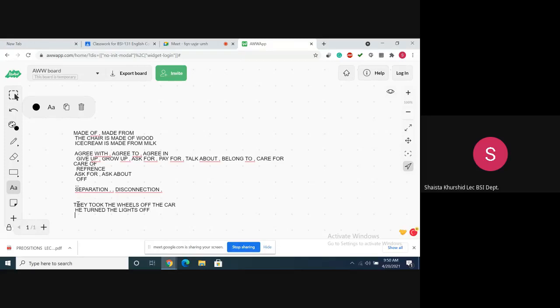So this off is actually used for removing, separation, disconnection, or things like that. ठीक है? और he cleaned the spoiled soup off the table. ठीक है? और the dog ran off. ठीक है? बाहर निकल गया। So actually we use them for such things. ठीक है?